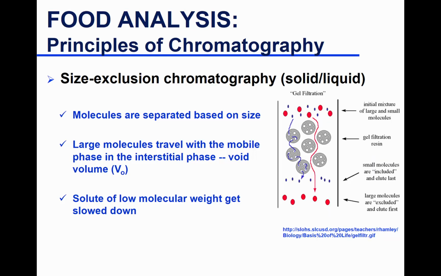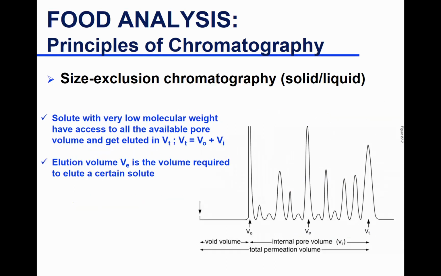Okay, that's another illustration. Your bigger molecules travel with the mobile phase and don't go through any pores, whereas the smaller ones go in and out and get slowed down. In this chromatography, there are different types of volumes that we refer to.